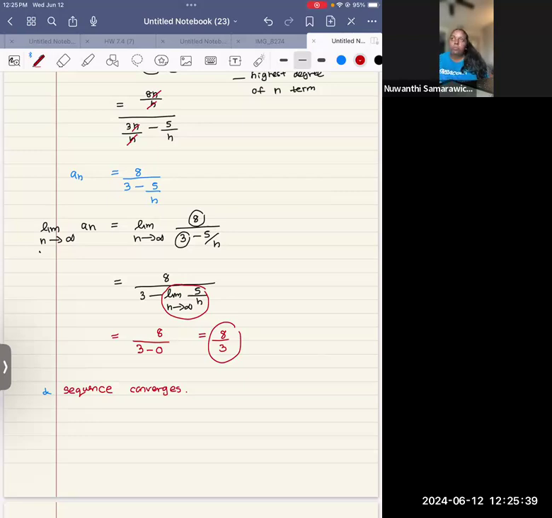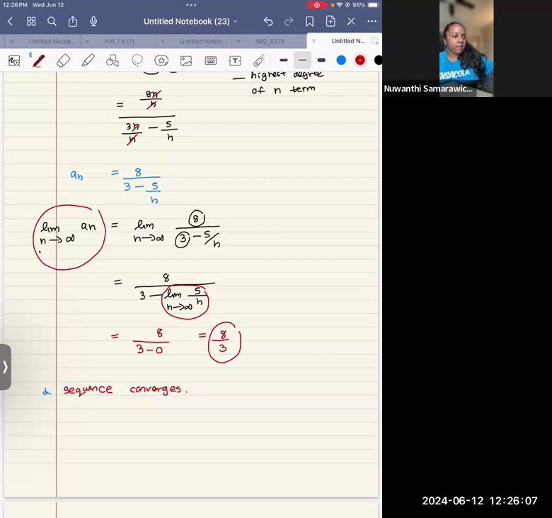The only new part here is the word sequence. The other parts are just Cal 1. You have to use your limit knowledge, and to show it converges, you have to show that the nth term approaches a number as n approaches infinity.